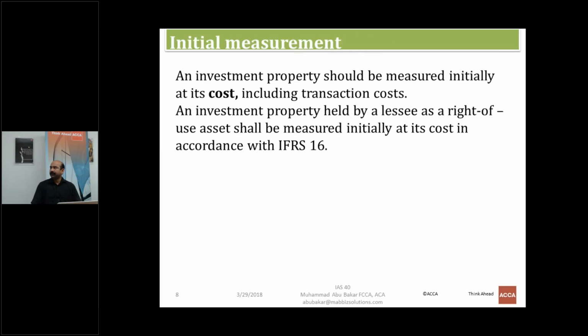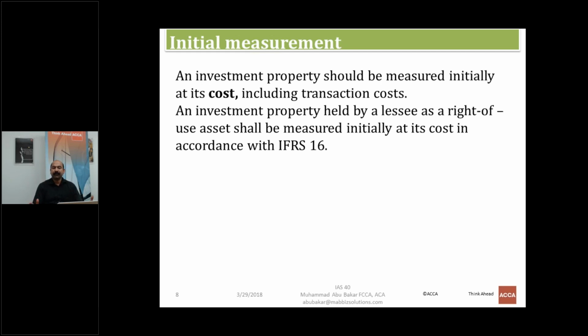Recognition we discussed. Initial measurement: the cost of purchase of an investment property comprises its purchase price or any directly attributable expenditure. Directly attributable expenditure includes, for example, professional fee for legal services, property transfer taxes, and other transaction costs.